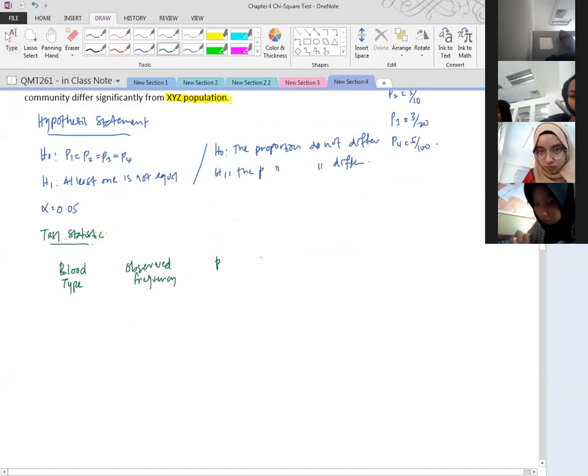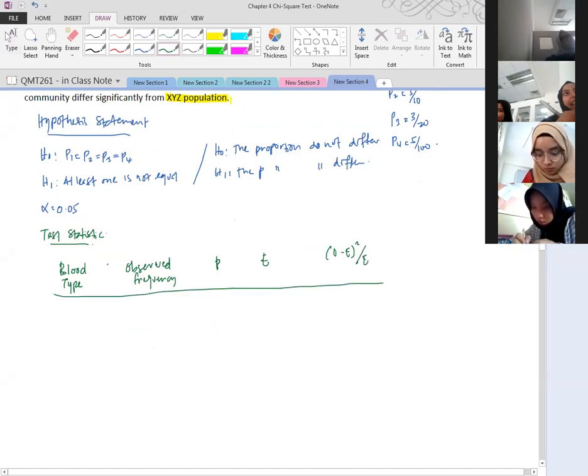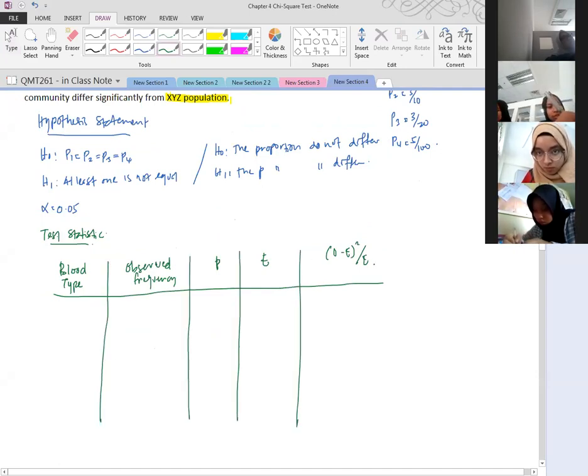Then we need to find the expected frequency, and then O minus expected frequency to the power of 2 divided by expected frequency. So this is what we want to find. Let's put it in a nice table: O, A, B, and AB, right?